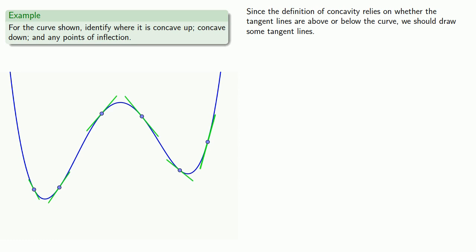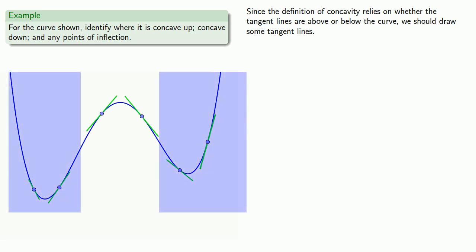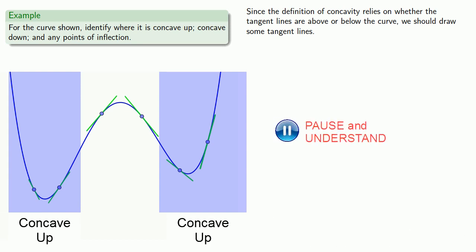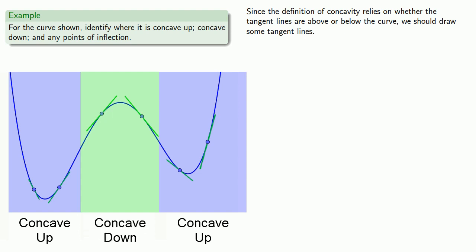So for these regions, the tangent lines are below the curve, and the curve is concave up. In this region, the tangent line is above the curve, and the curve is concave down. And since the concavity changes from up to down and from down to up, someplace here in the middle we have a couple of inflection points.